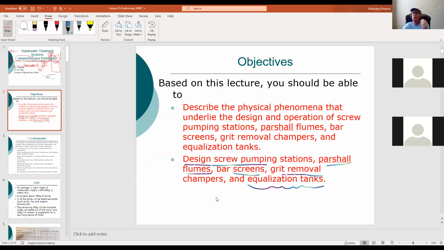Equalization tank, you need it because inside the water treatment plant, your Q must be constant. Given Q for your operation and for the design to begin with. However, the Q that comes to your plant fluctuates.